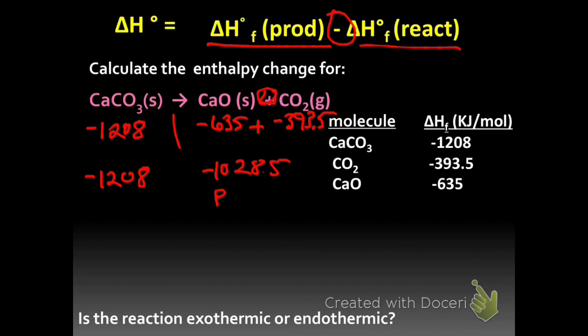If these are my products, and these were my reactants, don't forget which side is product and reactants. That's a big deal because as far as our formula is concerned, I put them in backwards.